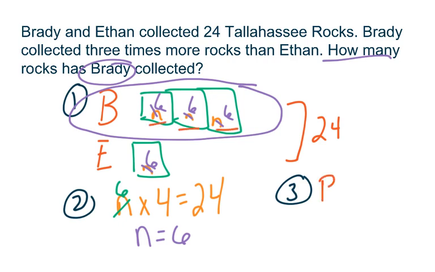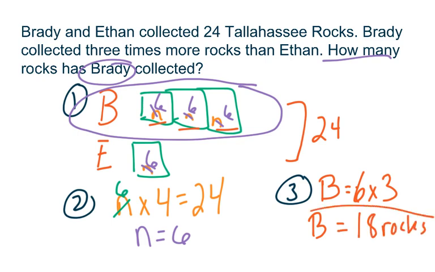So in order for me to solve for Brady, I know I need to multiply 6 times 3, which means Brady has collected 18 rocks. And that would be my final answer. But notice I have to go through all 3 steps in order to get there. I have to draw my model, I have to solve for n, and then I have to go back, reread my problem, and answer for what I'm looking for.